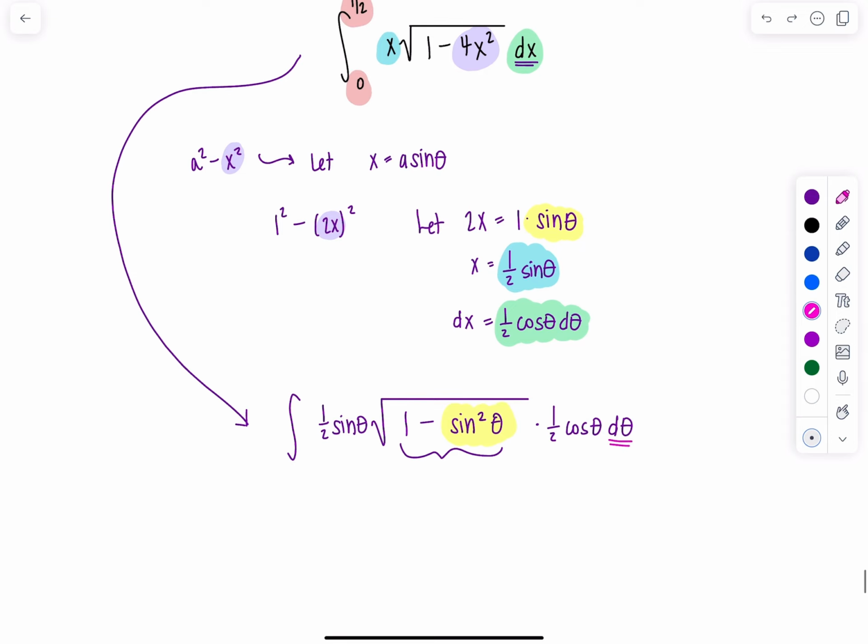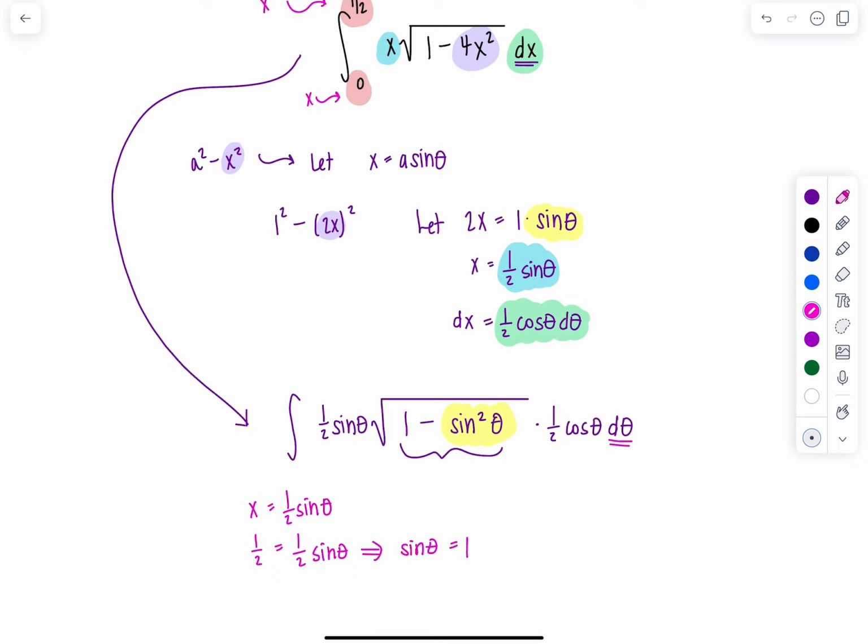Okay, so we know that x is 1/2 sine theta. These limits are x limits, so I'm going to replace them here. Substitute 1/2 in for x, so 1/2 equals 1/2 sine theta. That means sine theta would equal 1.